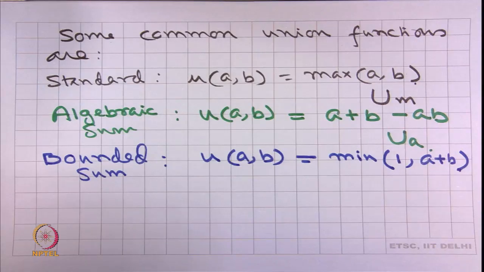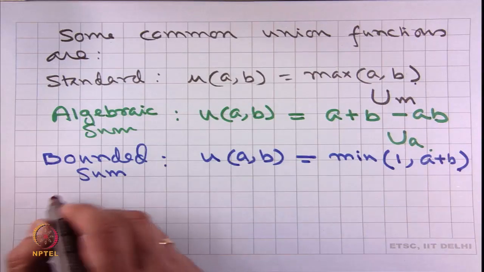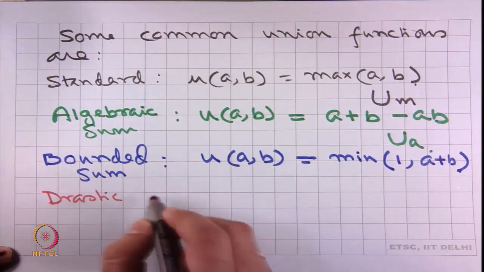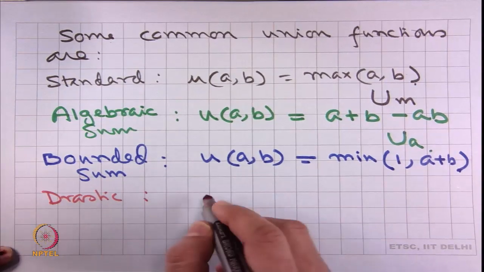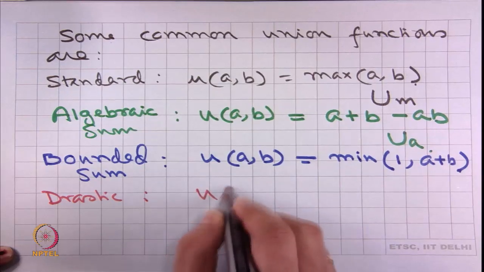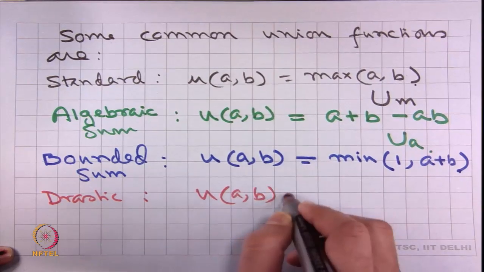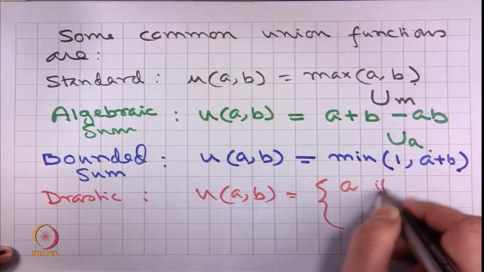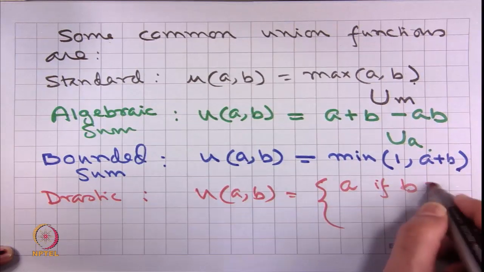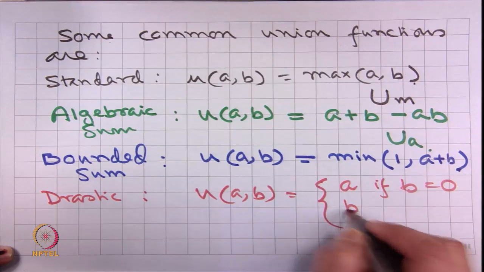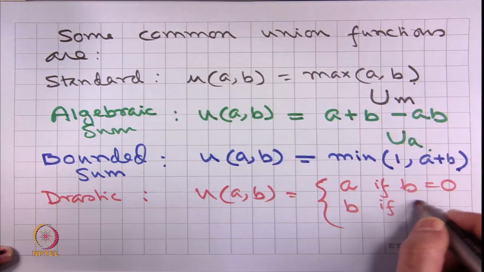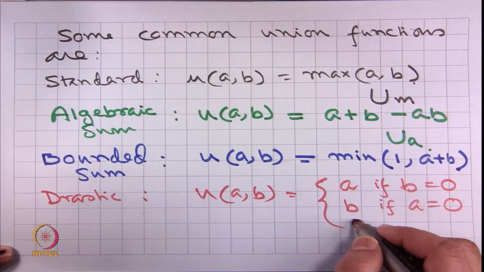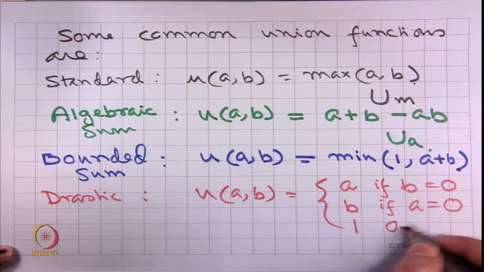And finally, let us write drastic union, that is U A B is equal to A if B is equal to 0, is equal to B if A is equal to 0, and it is equal to 1 otherwise.